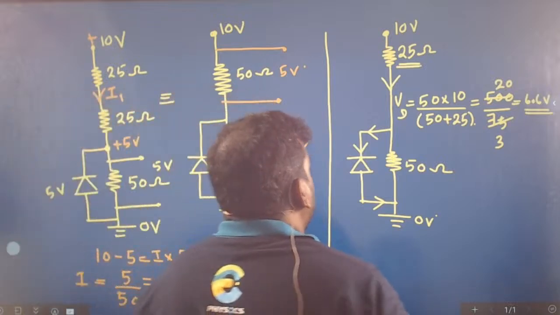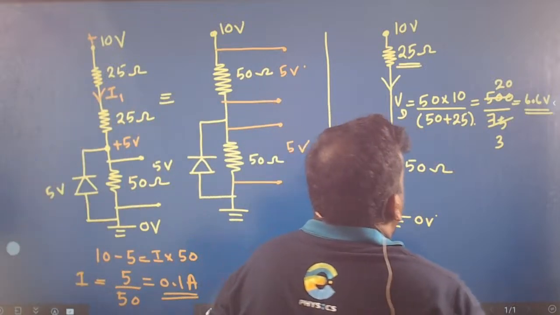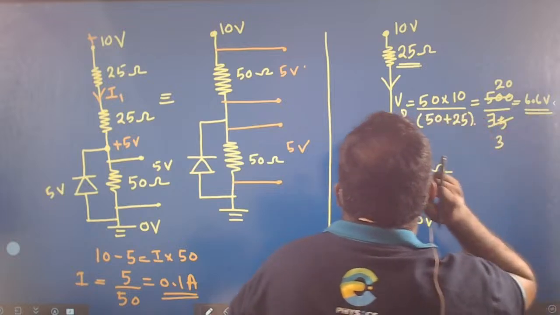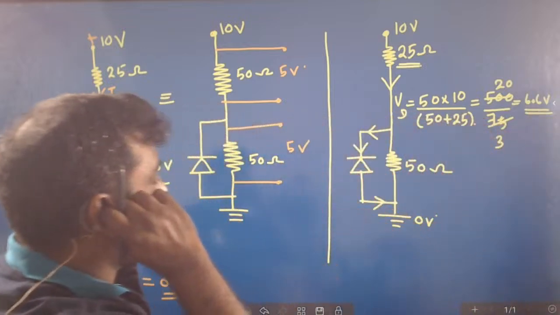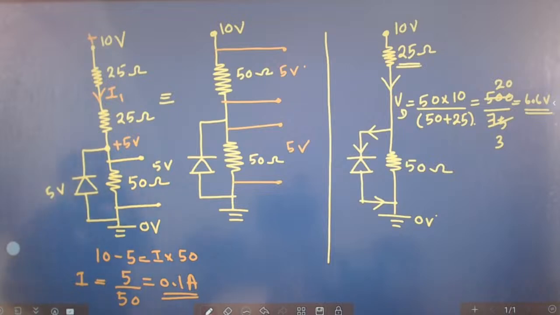What about this? Here voltage is 6.6. That means breakdown has taken place.